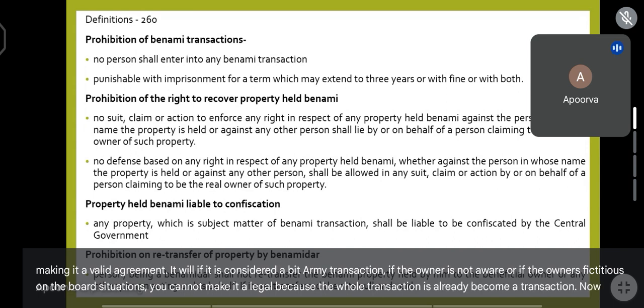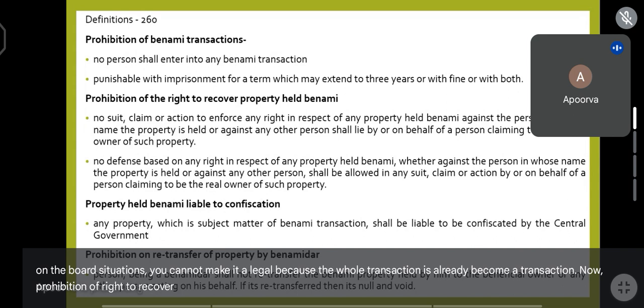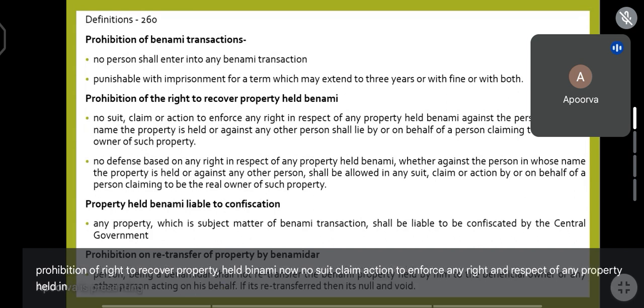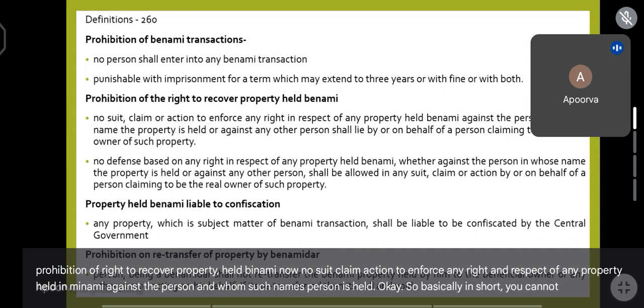Now, prohibition of the right to recover property held benami. No suit, claim or action to enforce any right in respect of any property held benami lies against the person in whose name the property is held. Basically, in short, you cannot claim a right on a benami property.